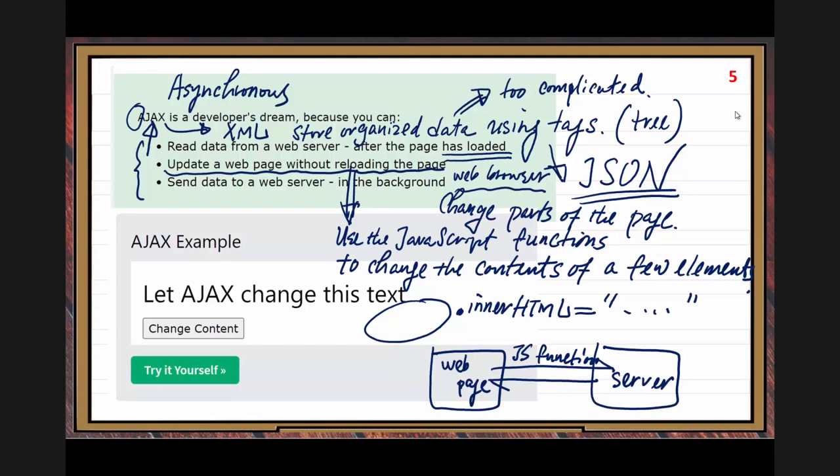Now, if you use the synchronous way, what does that mean? When the user types some data and clicks enter, the data is sent to the server side, and the server side needs a few seconds to do the processing.